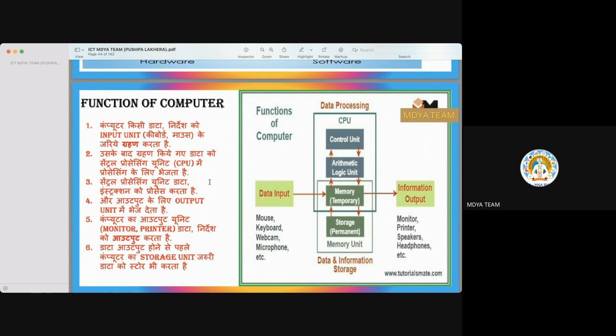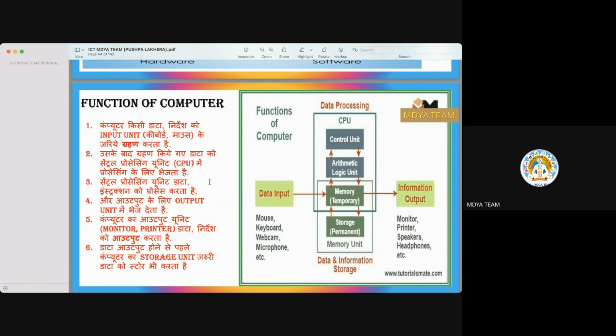For example, mouse, keyboard, webcam, microphone, all are input devices. You are giving input in some form, in the form of text, programs, audio or video. So all those things which are given to the computer to process are input devices.